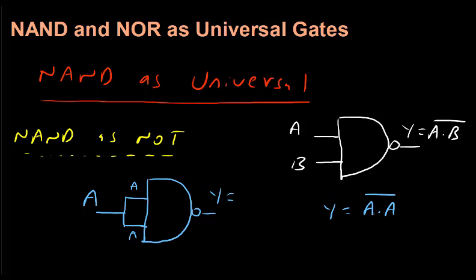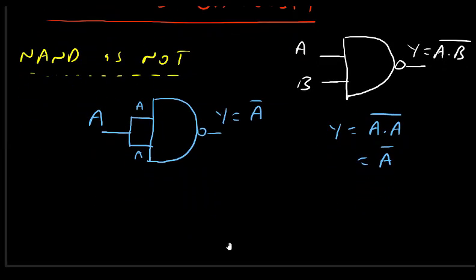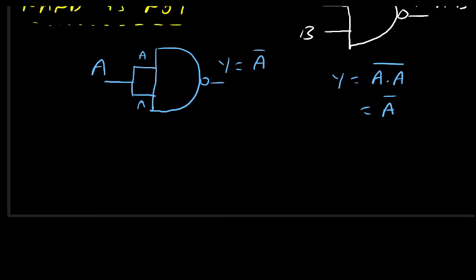Using Boolean algebra, A dot A is A, so this is A bar. Input is A, output is A bar, so this becomes a NOT gate. This is how NAND can be used as a NOT. We conclude that a NAND gate whose inputs are shorted works as a NOT gate.